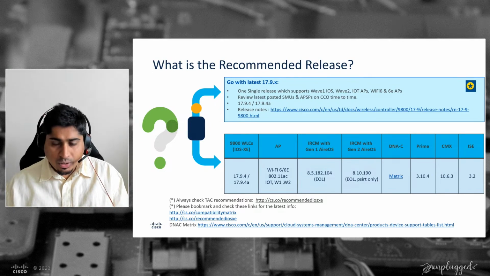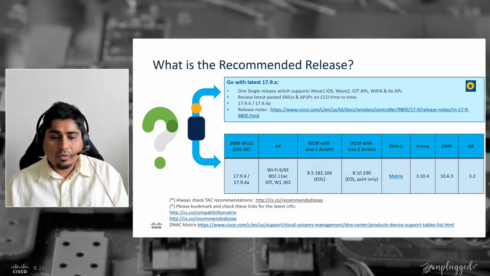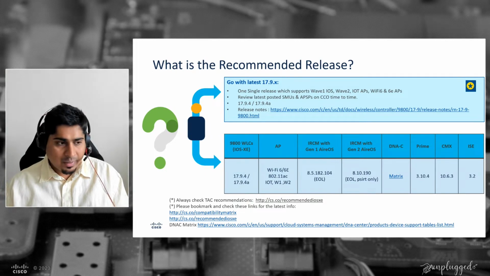On these controllers, if you want to do IRCM between the 9800s and the AireOS Gen 2, then 8.10.190 is the recommended release. From the DNAC or the Catalyst Center, we've given the matrix, so 2.3.3.7 is a recommended release, but there is a new version available as well. And on Prime 3.10.4, CMX 10.6.3, and on ICE, we have 3.2.